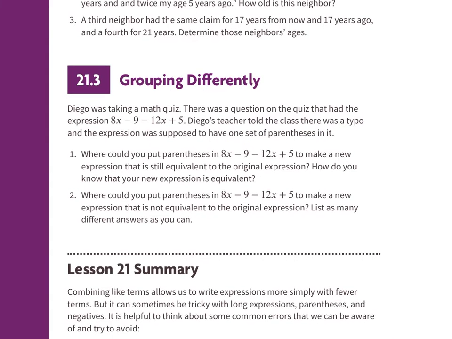21.3. Diego was taking a math quiz. There was a question on the quiz that had the expression 8x minus 9 minus 12x plus 5. Diego's teacher told the class that there was a typo and the expression was supposed to have one set of parentheses in it. Where could you put the parentheses in 8x minus 9 minus 12x plus 5 to make a new expression that is still equivalent to the original expression? Well, you could put parentheses around the whole thing.